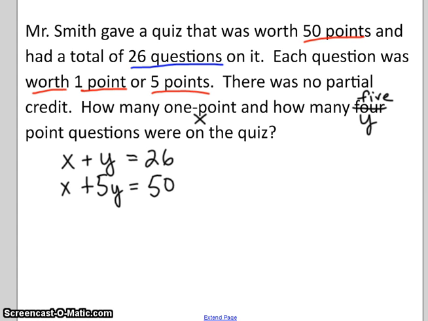Let's do this one out similar to the last few. I'm going to multiply this one by negative 1. Why? Because if I make this a negative 1x, then it can be eliminated by positive 1x. Negative 1x minus y equals negative 26. Remember, a negative times a positive is negative.